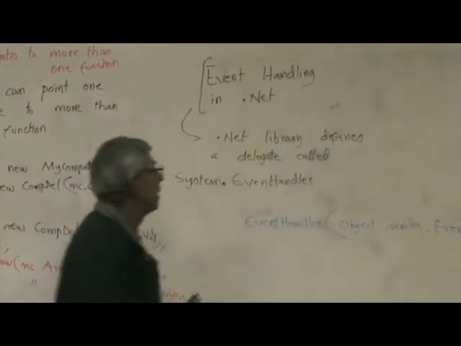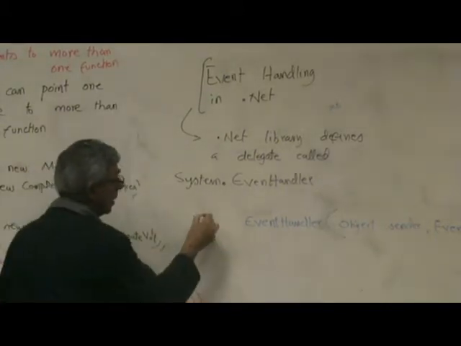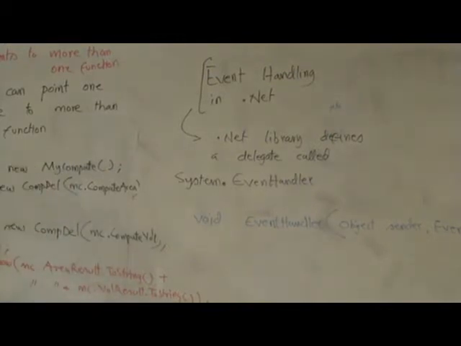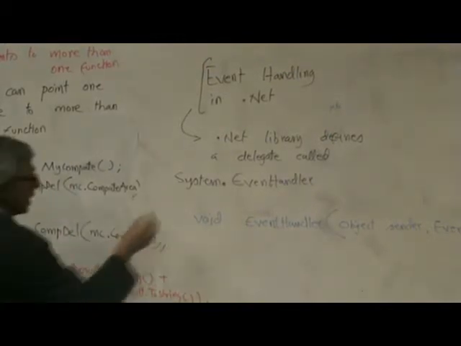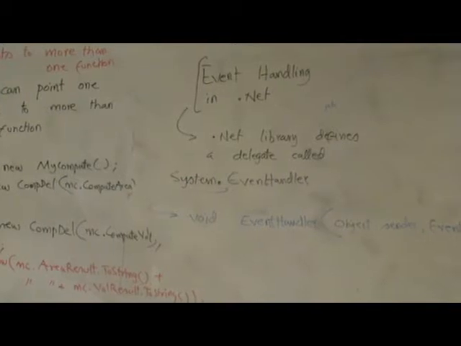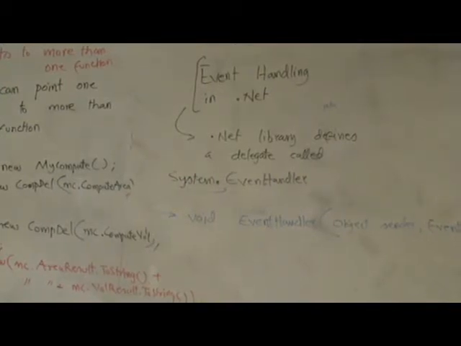Okay, and what does it return? Void. So this is how this delegate is declared in the .NET library. Okay, so now let me ask you a question. Can we use this delegate to point to more than one function? And how would you know if a delegate is capable of pointing to more than one function? If the return is void, right?